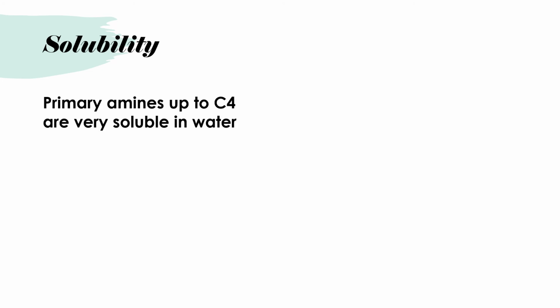Now, the last property we're going to look at is solubility. So we're looking at the solubility of the amines. And the first thing is primary amines up to 4 carbons are very soluble in water. So up to butylamine or butan-1-amine, they're very soluble in water. But we need to know why, and we need to write that down.